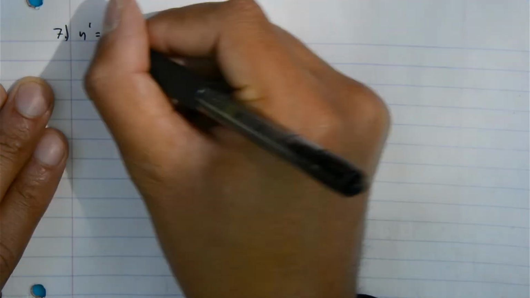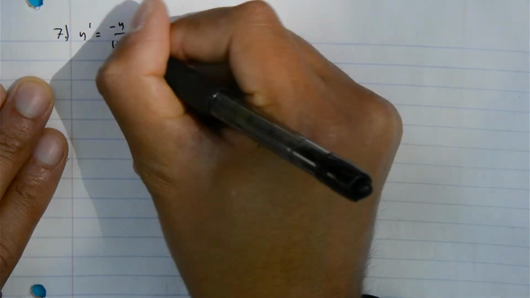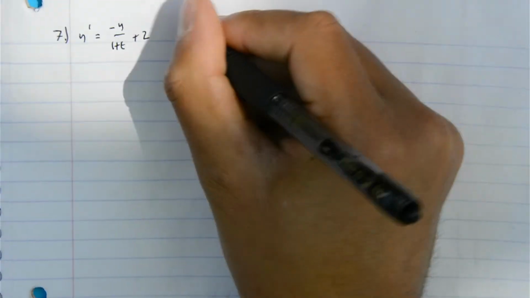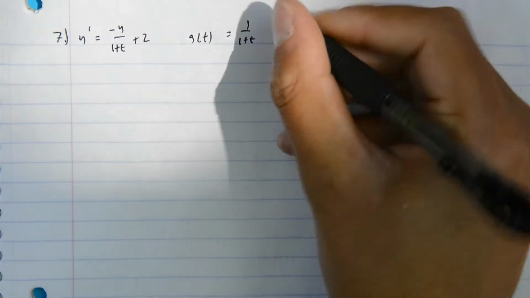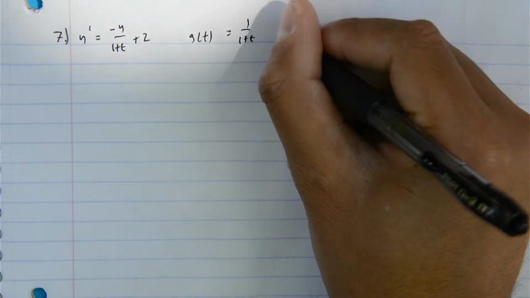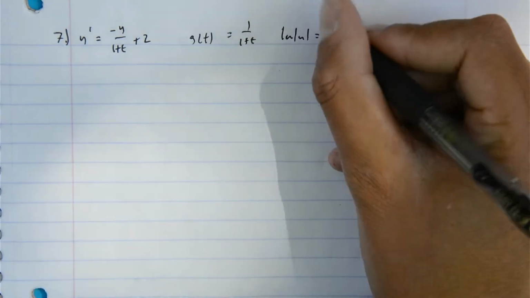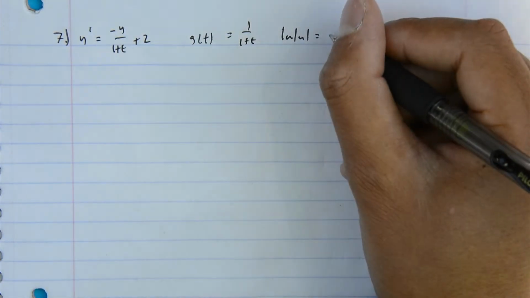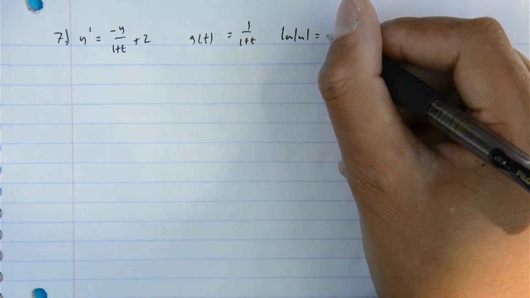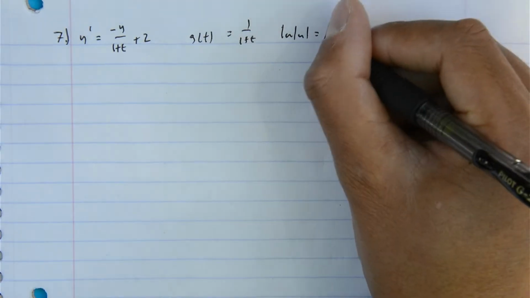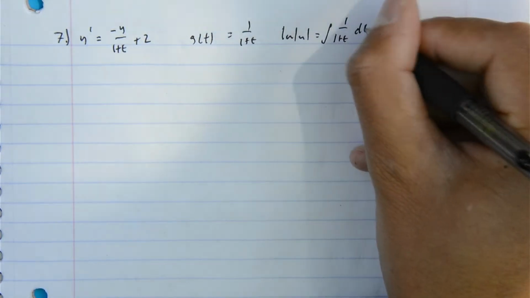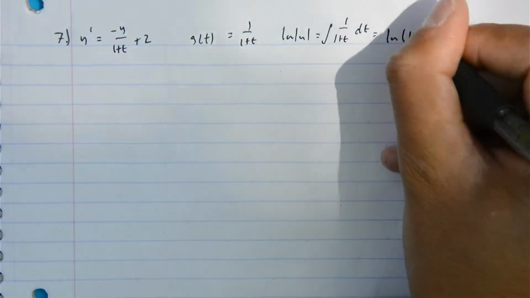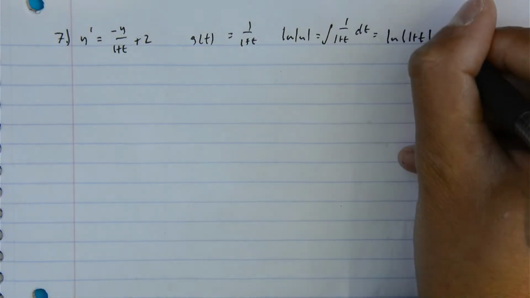y prime is equal to minus y over (1 plus t) plus 2. Okay, so g of t is 1 over (1 plus t). So that means that ln u is equal to the integral of 1 over (1 plus t) dt, which is ln(1 plus t) plus c.